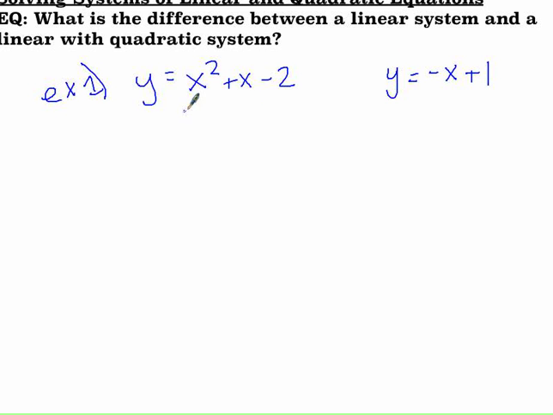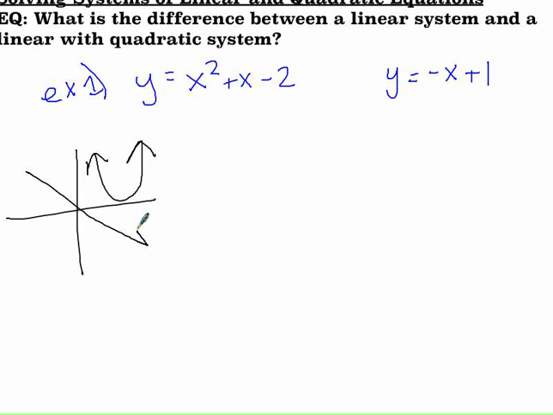In this case, solving this system means finding the intersections between the two functions. First, though, sometimes these two things don't actually intersect. There are scenarios where you've got a parabola here, and a line passing over here. There is not going to be any solution because those two functions never intersect.